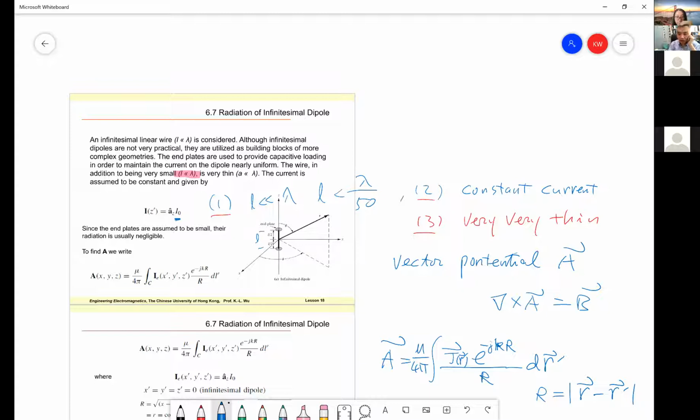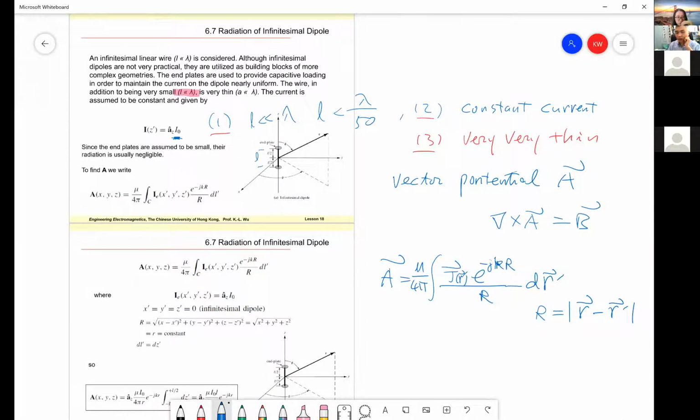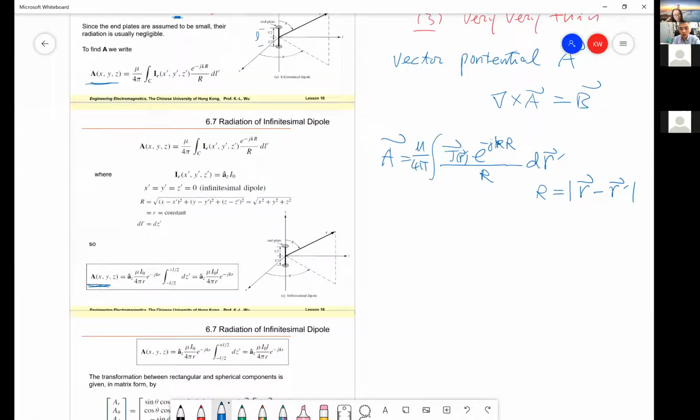We assume the current is constant, then we substitute this current into the general formula to find vector A. Because the current segment is so small, we can easily find vector A in this form. You only need to take a few minutes to derive this, so we don't repeat it.